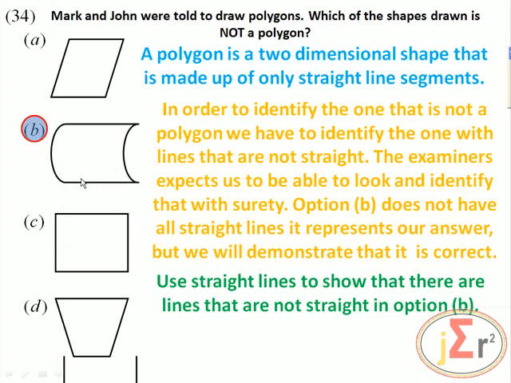Because they do not match with the straight lines or the straight line segments, then we are sure that those line segments are not straight. Hence, option B is not a polygon, and it is the answer that we are looking for.